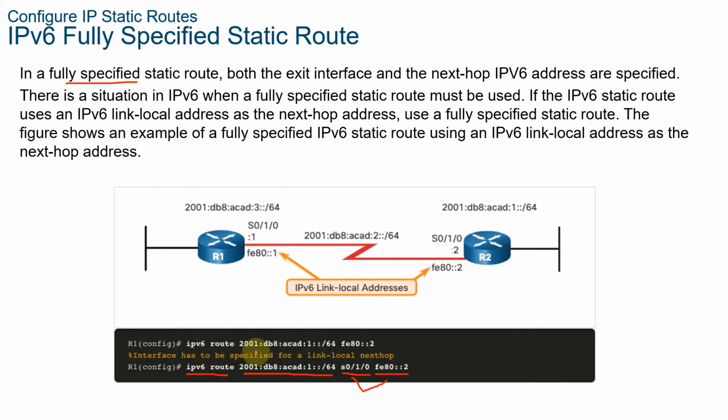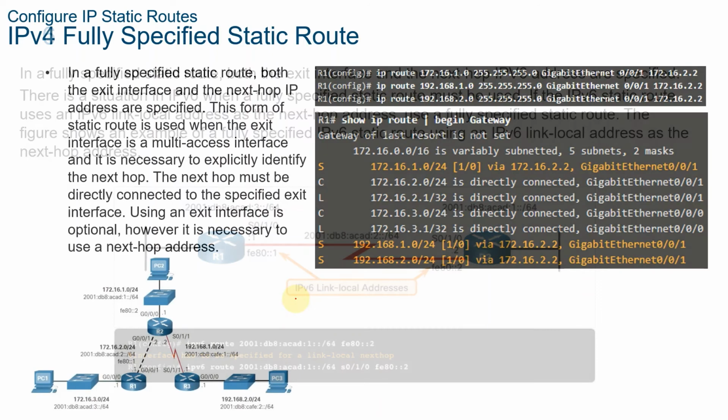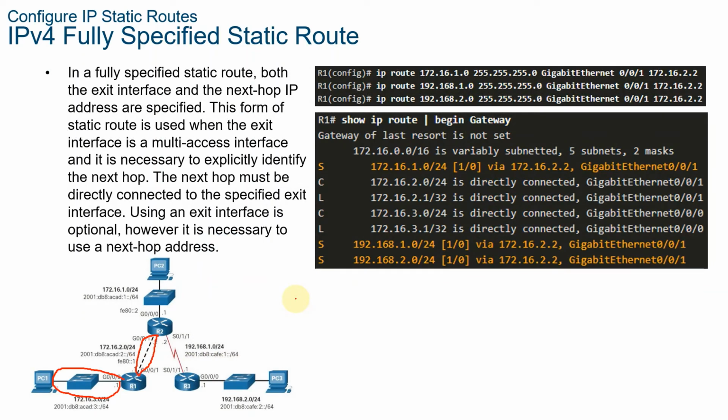This is known as the fully specified static route. With the first one, ip route, remote network, this is your exit interface or the next hop IP address. This is the traditional way of doing it, but with a fully specified route, this is another option. Going back to IPv4, how is it done?